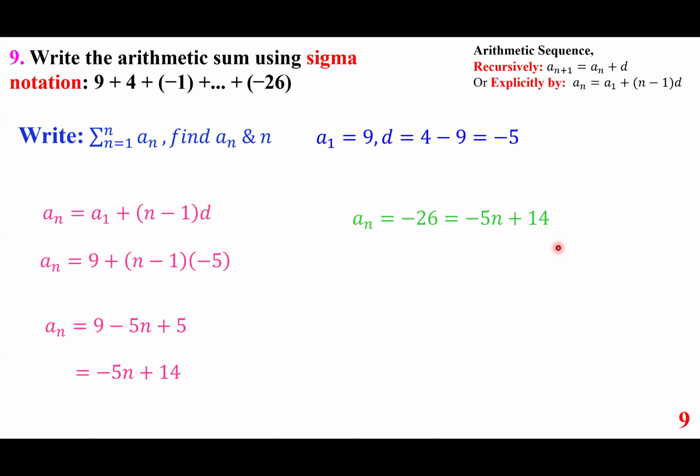And so move the 14, it becomes negative. So we have negative 40, divide, n becomes 8.